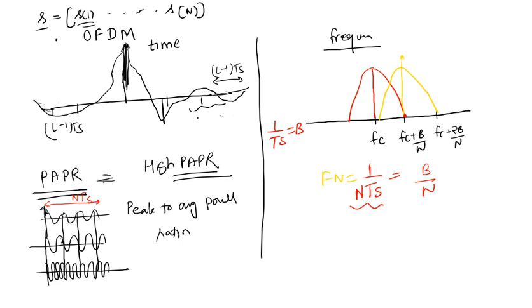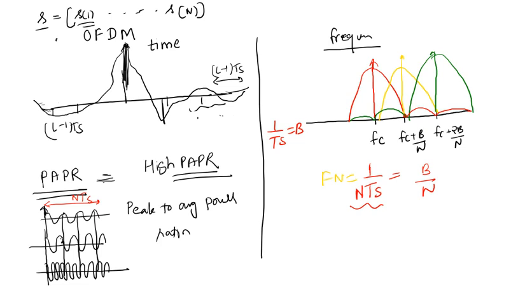Similarly the second, and if this is the third, then this is the main lobe, and there will be some side lobes. Each side lobe will have width 1 over NTs, because each signal will have NTs duration.